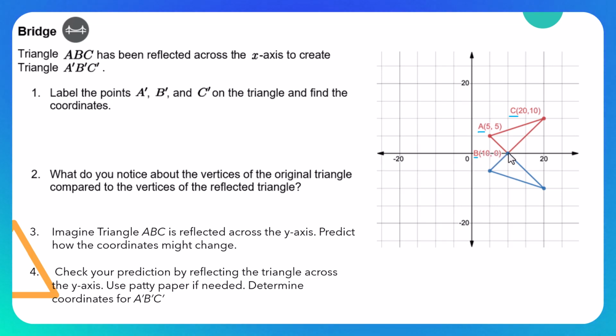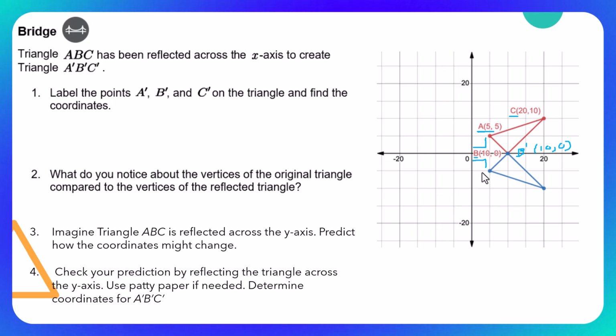All right, so now the first thing I'm going to look at is B prime because that's going to be the same point. So I'm going to label that first. So B prime is simply 10, 0. Same exact point. All right, now I'm going to take point A, and it's across 5 and up 5. So the x-coordinate is still going to be 5 because we're going to go across 5. And this time we go down 5.